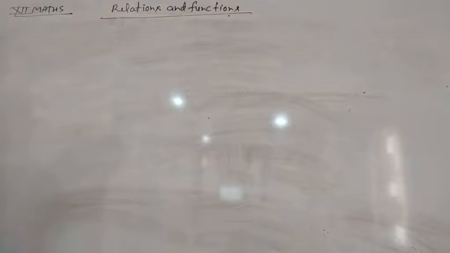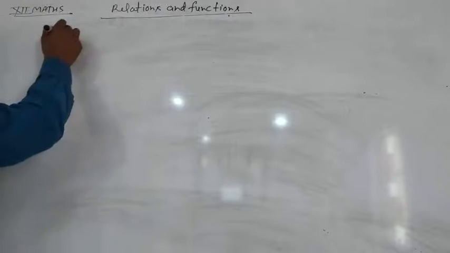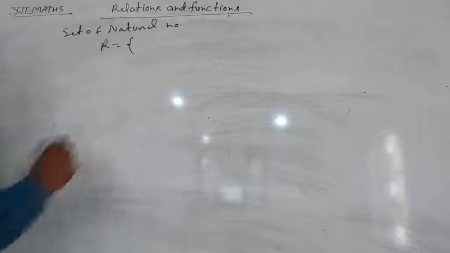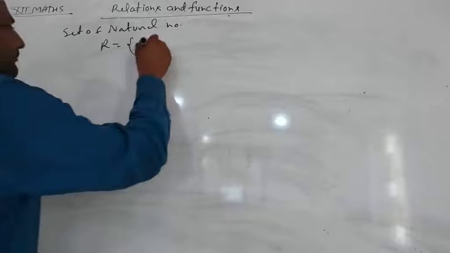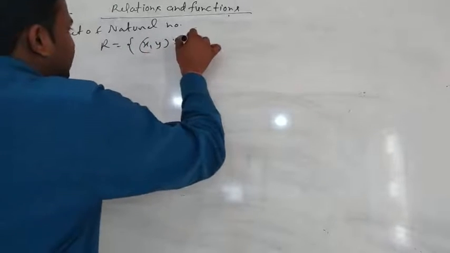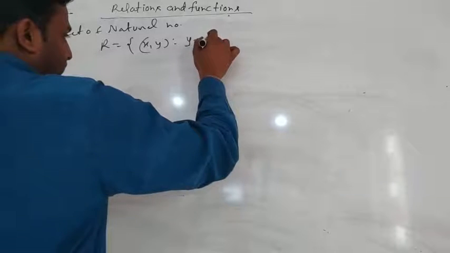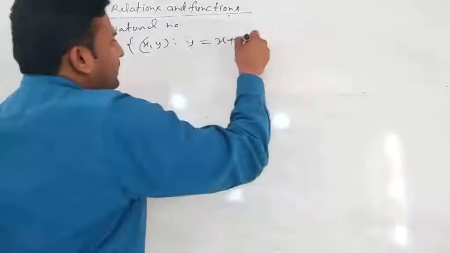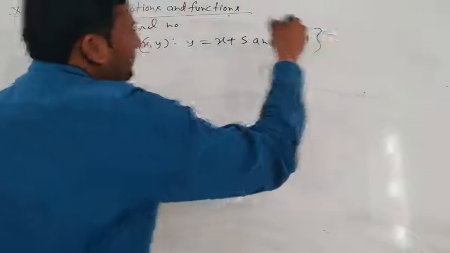Our next question is: check the relation on the set of natural numbers defined by R = {(x, y) such that y is equal to x plus 5 and x is less than 4}.